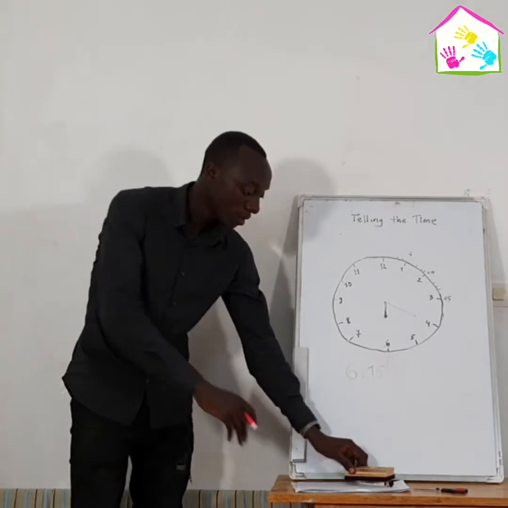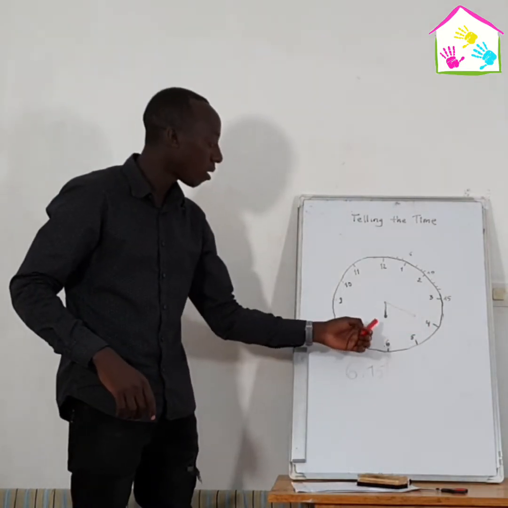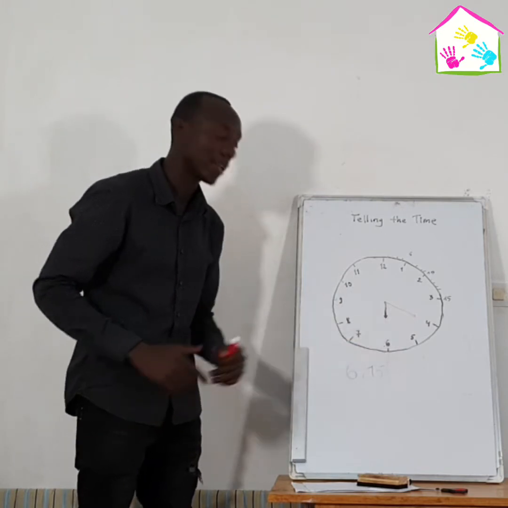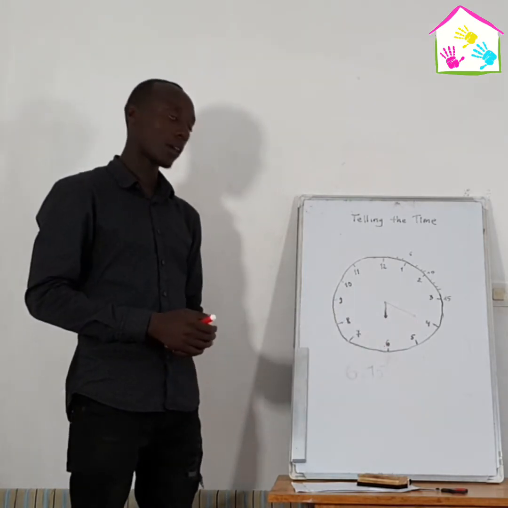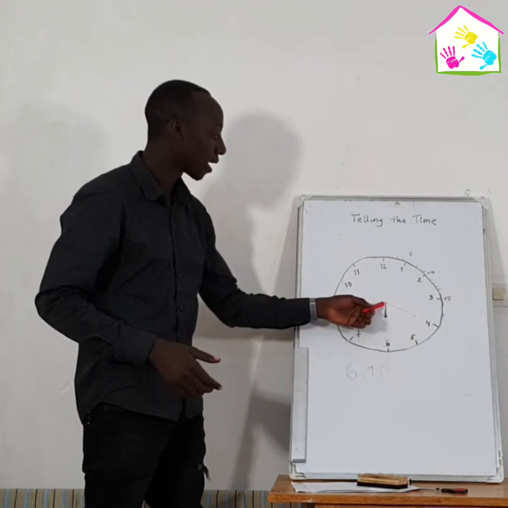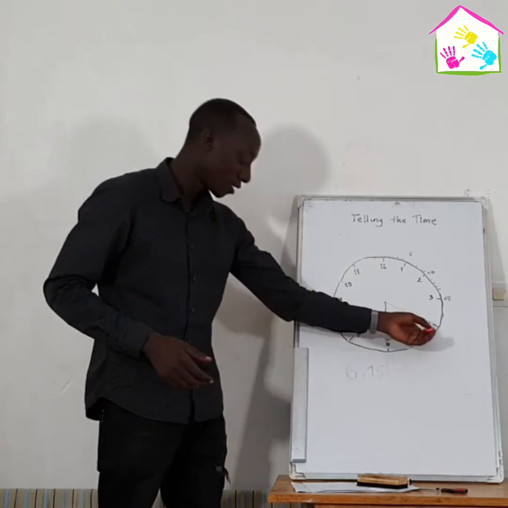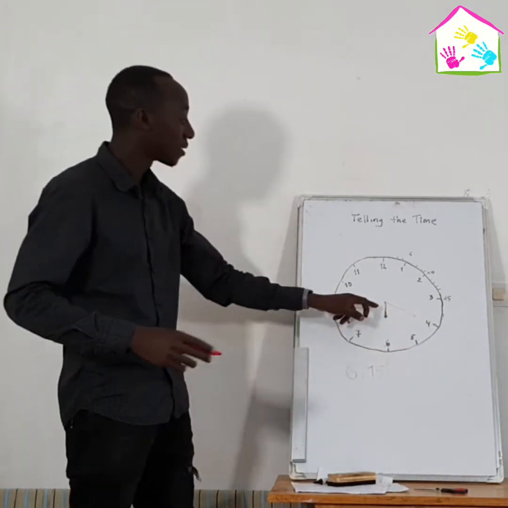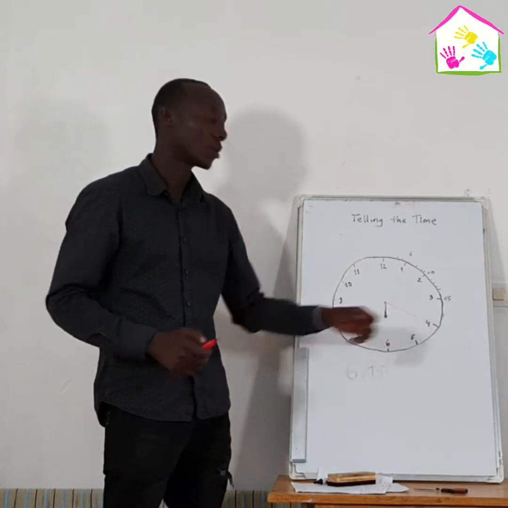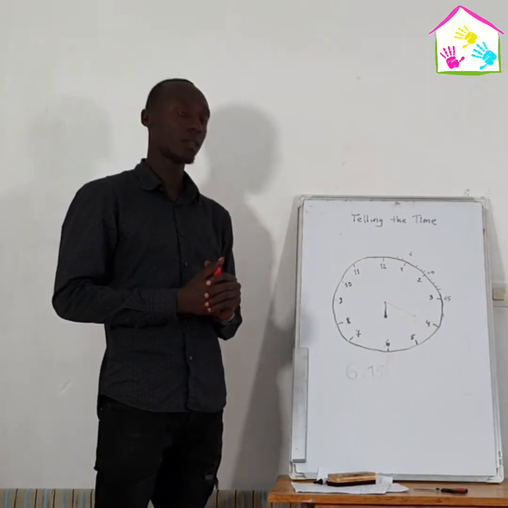And you have to check also the short hand. The short hand is still on 6. We say it is 6 and 20. It is 6 o'clock 20 minutes. Are you there with me?